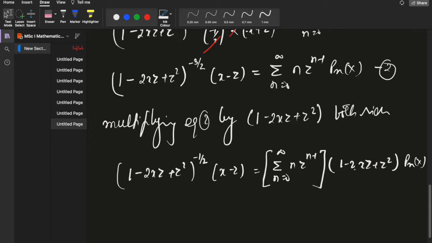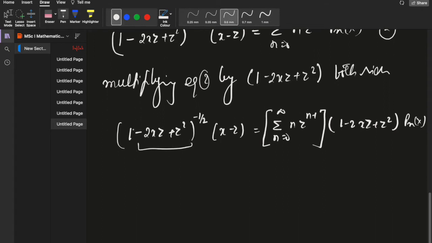Alright, I know this is my generating function for Legendre polynomial. So instead of this, I can write this term (x minus z) as it is, and this term will be treated as summation n 0 to infinity z to the power n Pn(x). Why?